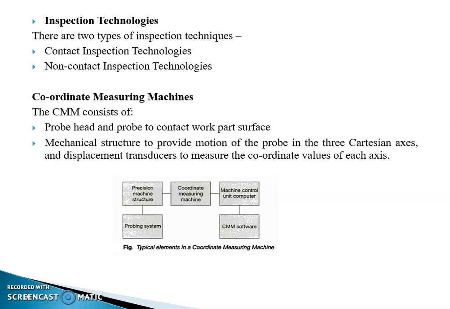Here, the total measuring envelope of CMMs is defined by its maximum X, Y and Z travel. This diagram shows all the elements involved in coordinate measuring machines.